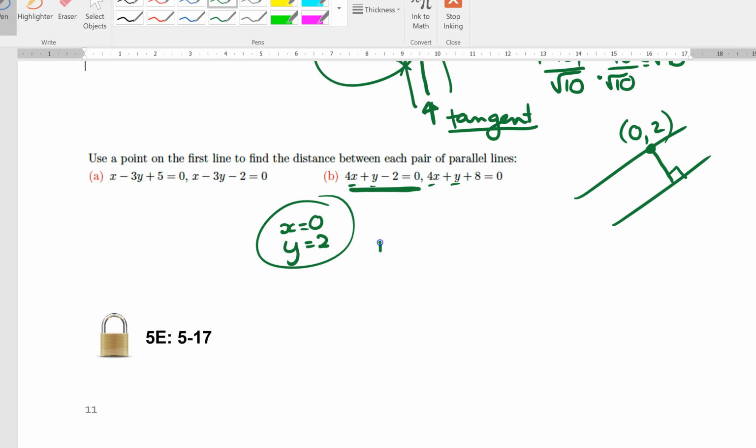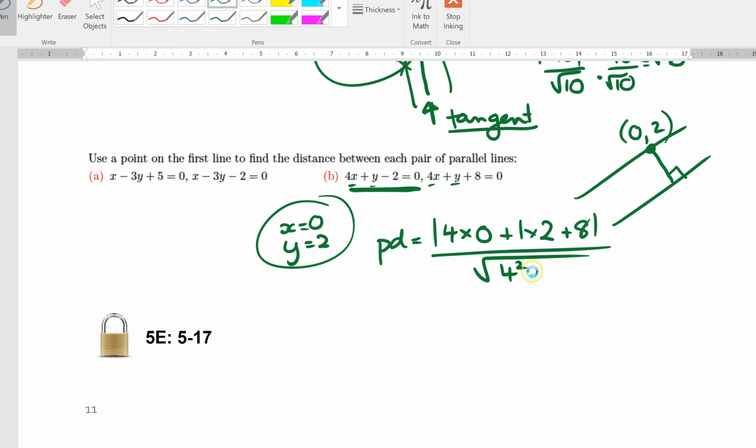So we use our perpendicular distance formula again. So our perpendicular distance is going to be the absolute value of A, which is 4, times x1, plus B, which is 1, times y1, plus C, which is 8, over the square root of A squared plus B squared, 4 squared plus 1 squared.